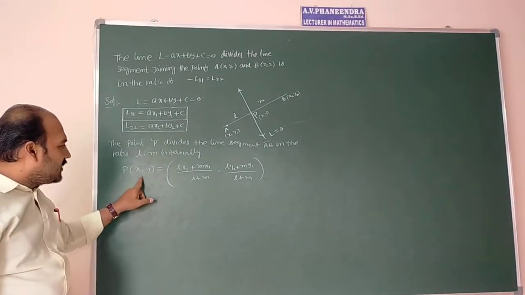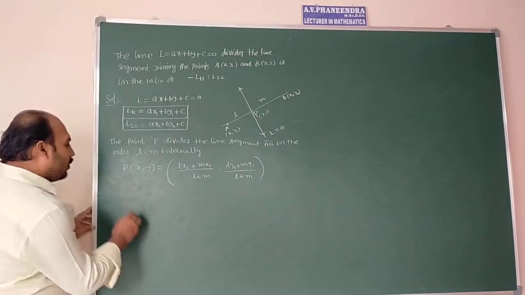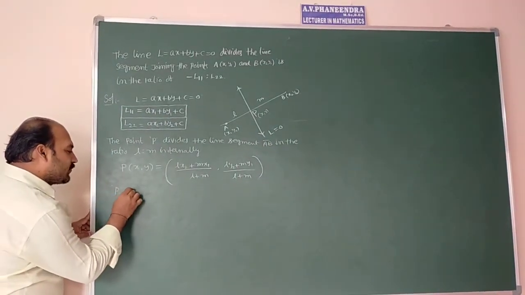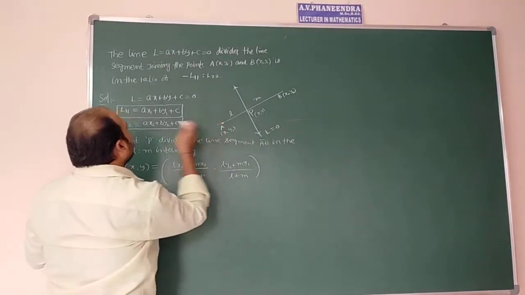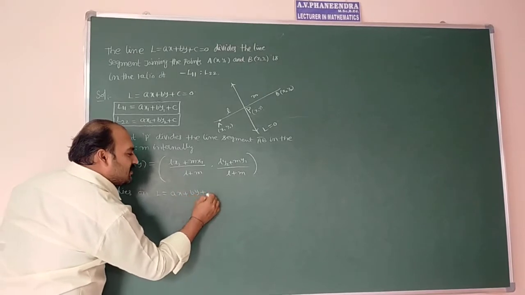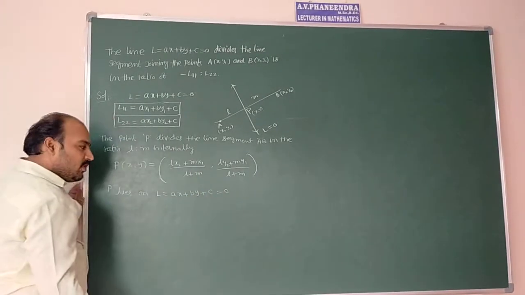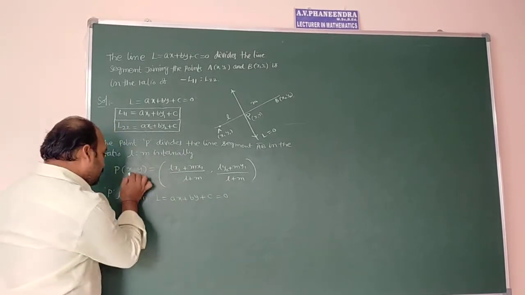This point P of x comma y is lying on this line or not lying? So P lies on L is equal to 0, means this line, L is equal to ax plus by plus c equal to 0. Wherever x comma y is there, you have to replace, this is x, this is y.